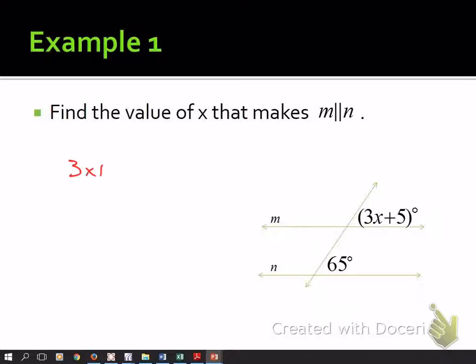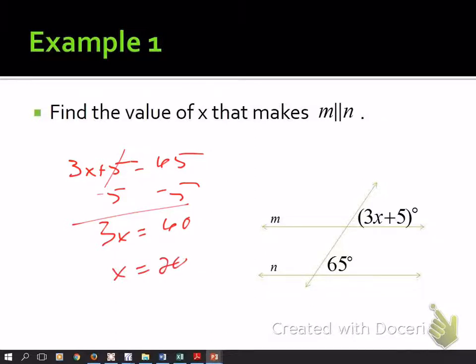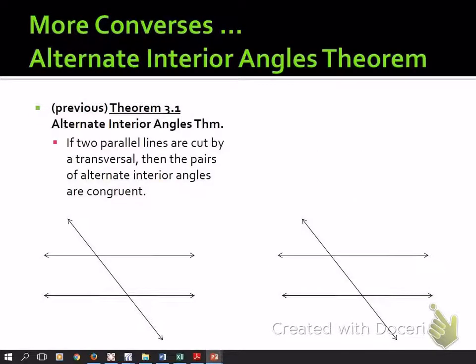So that means 3x plus 5 would have to equal 65. And of course, through some simple algebra here, we can determine that x would have to be 20. So if x were any other value besides 20, then those two lines M and N would not be parallel.